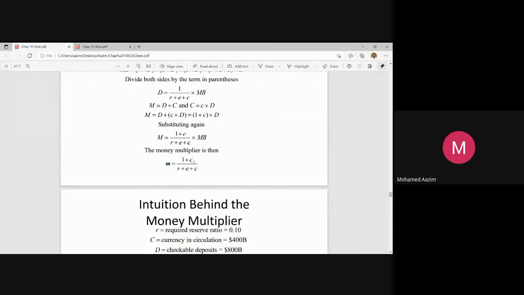When you see this E, excess reserves, banks become extra cautious. They hold more in excess form. The ability to create multiple deposits reduces. You already know that. You already know when more money is kept in currency form by the depositors, multiple deposit creation reduces. If the central bank increases the reserve ratio, the amount of money available for banks to do multiple deposit creation reduces.